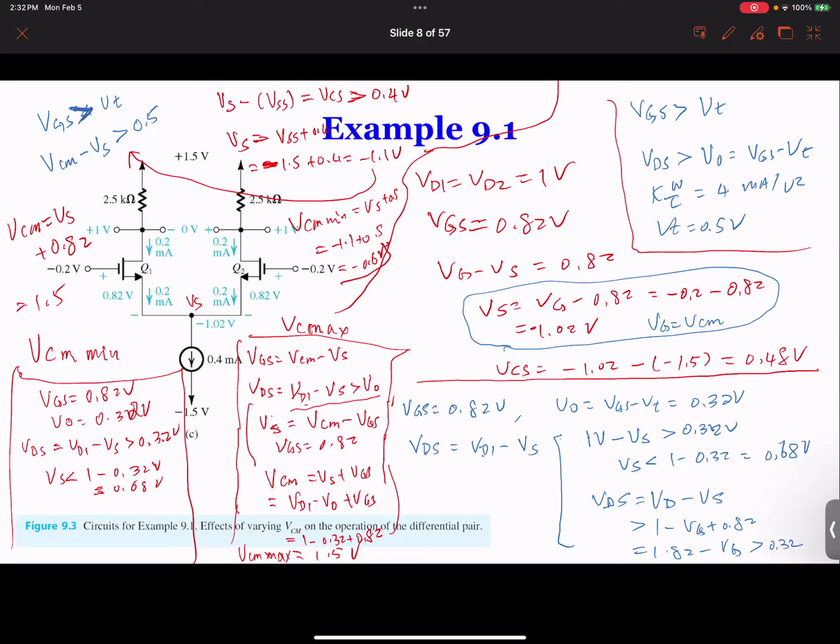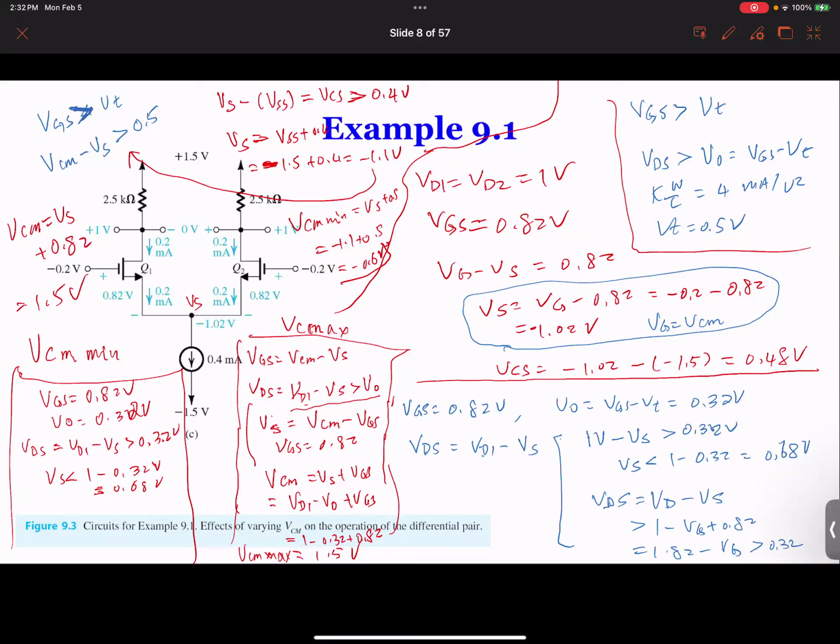So now, sorry, what we calculated is actually the maximum voltage, not the minimum voltage. I have to figure out the minimum voltage. So VCS min plus VSS plus VGS is the minimum. I'm going to draw on the next slide. We're going to use this for small signal.